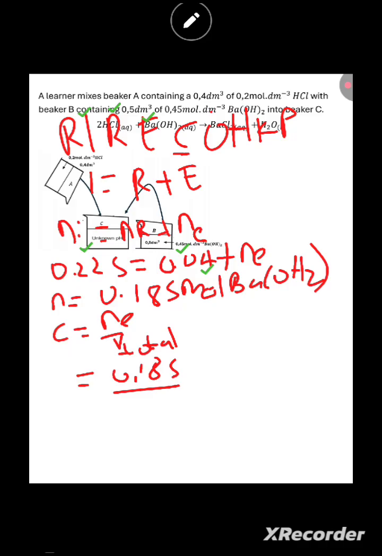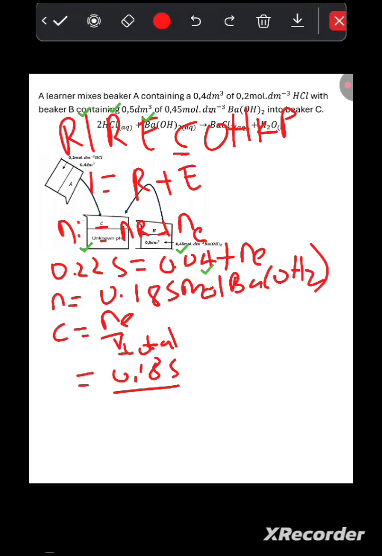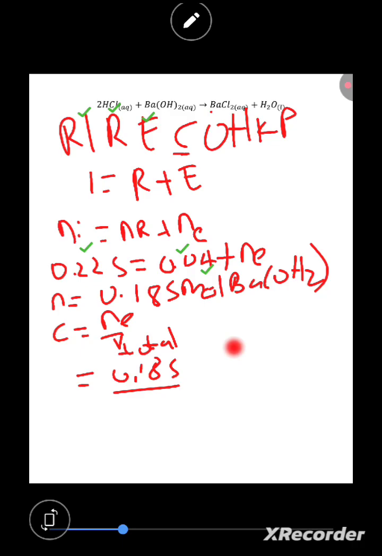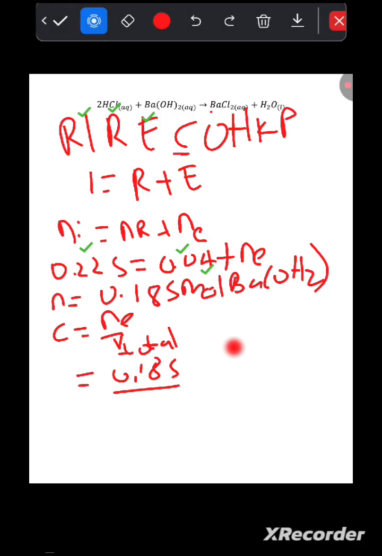This is the volume of 0.5 and 0.4. So 0.5 plus 0.4 is 0.9.